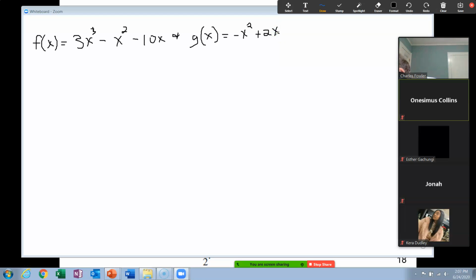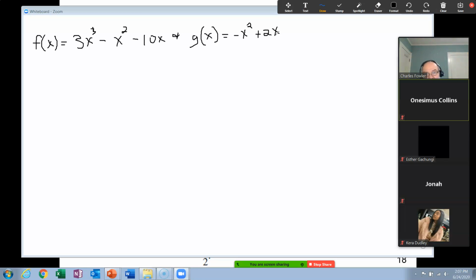I hope I got them written right. Find the area of the region between the graphs of those two functions.